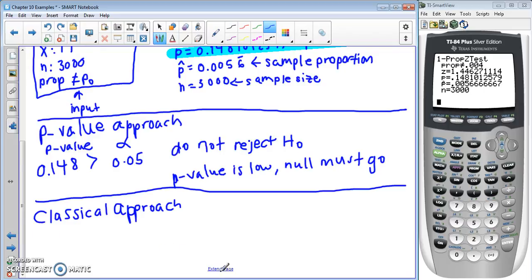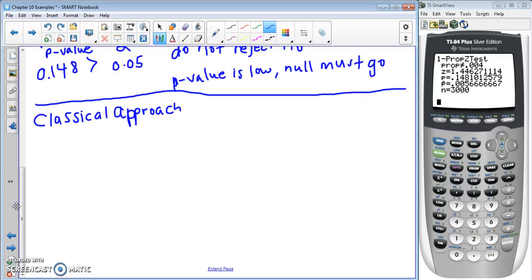So in the classical approach, what we need to find is what we call the critical values. We're testing at alpha equals 0.05. A couple things we need to look at: our alternative hypothesis was p not equal to the null value, and alpha was 0.05.